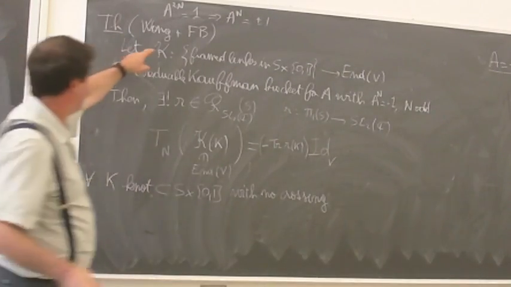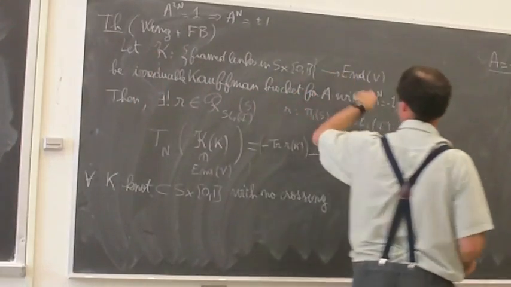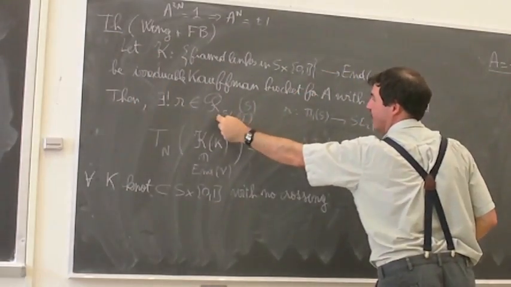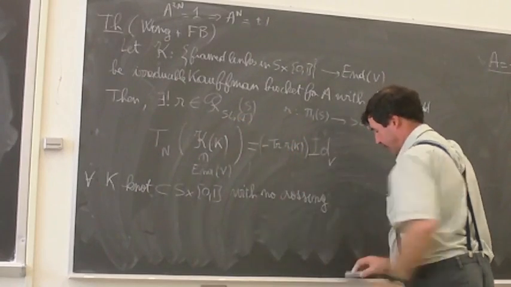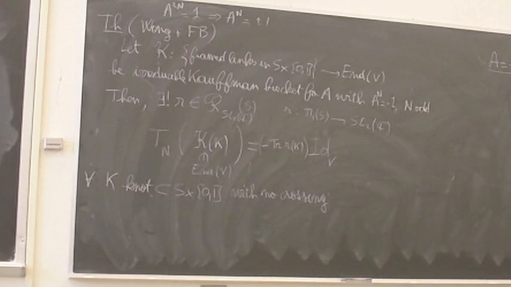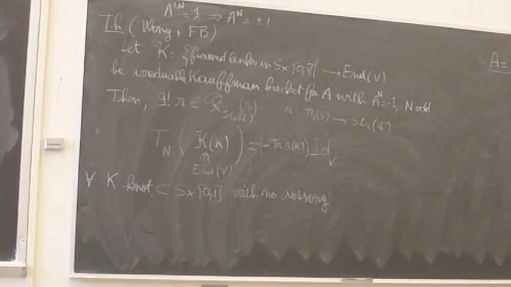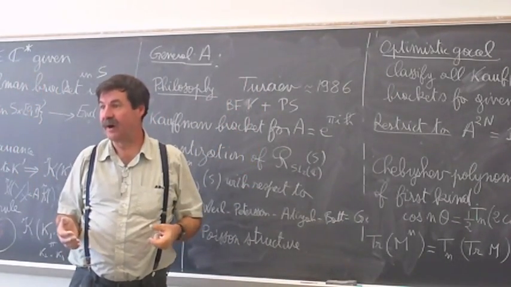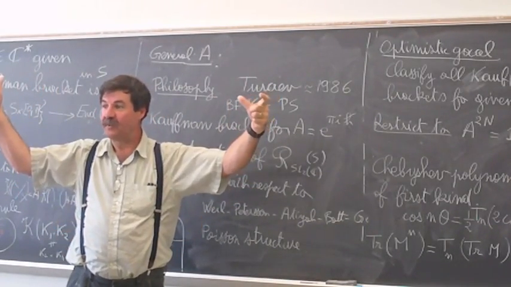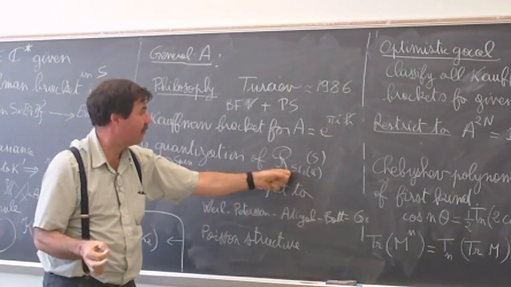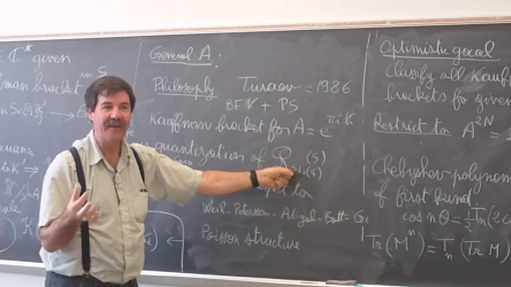Okay, so what did I do? Starting from the Kauffman bracket with A equal to minus 1, I get an element of the character variety. If you think about the quantization nonsense, starting from a quantum object, which is a very complicated object with a non-commutative algebra of functions, I associate to it a point in the classical object which is being quantized.